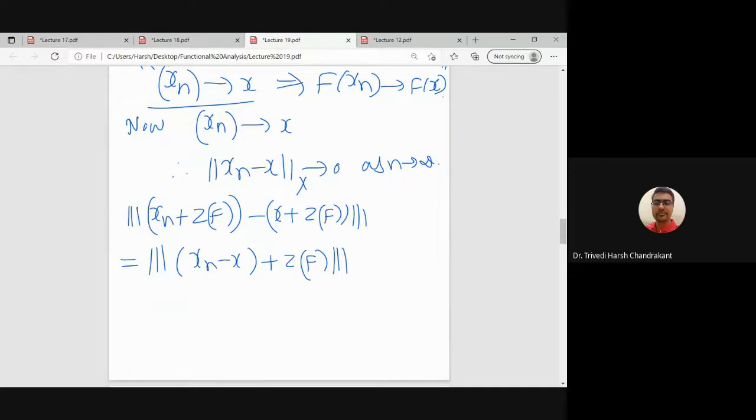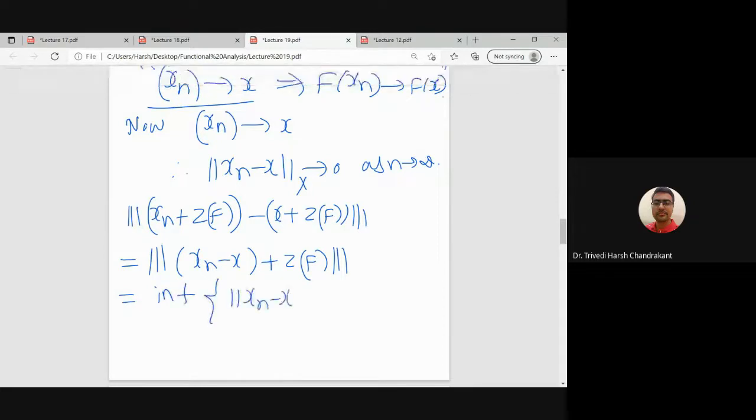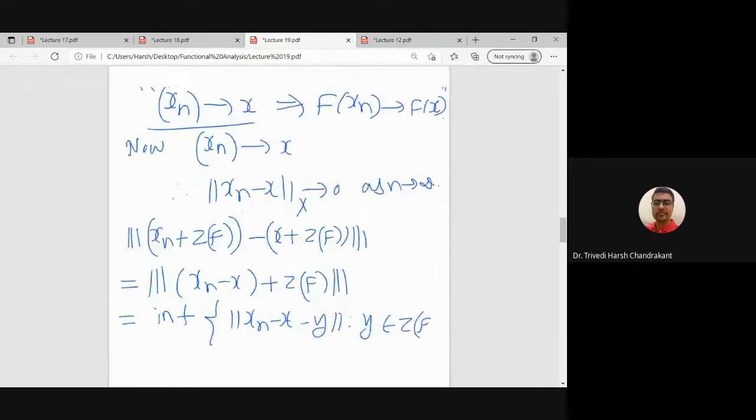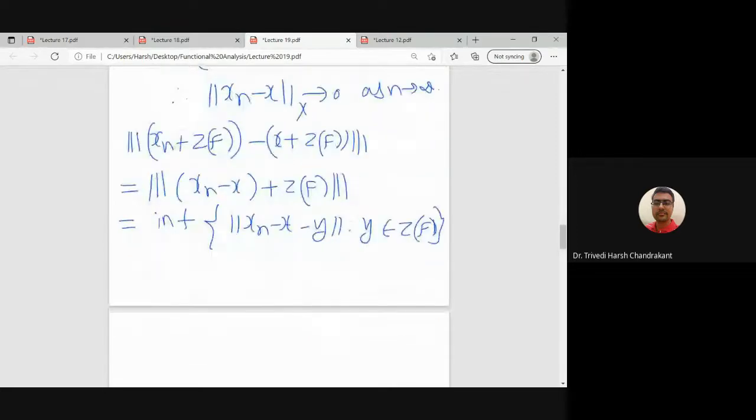Now this quotient norm, by definition, is the infimum of the norm of xn minus x minus y, where y belongs to the subspace. And the subspace will always have a zero element, so the zero element is always in the kernel.